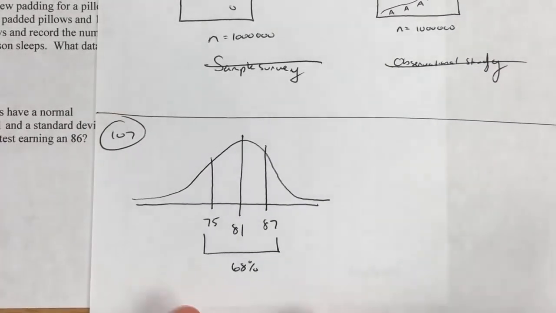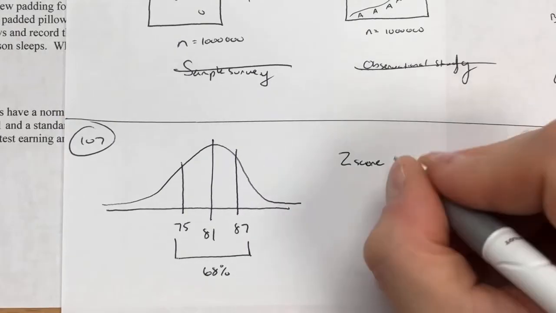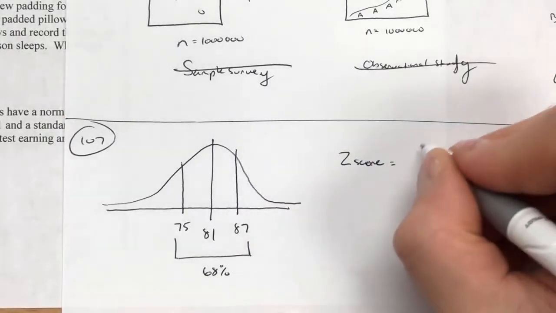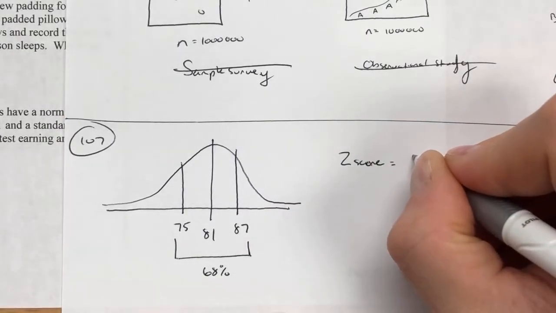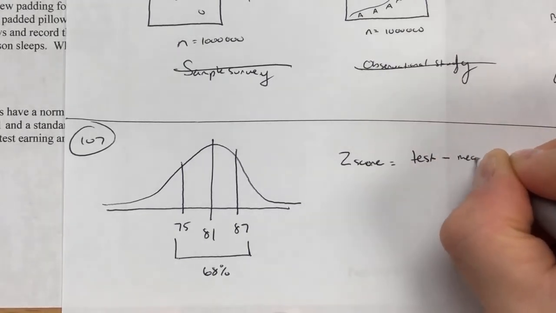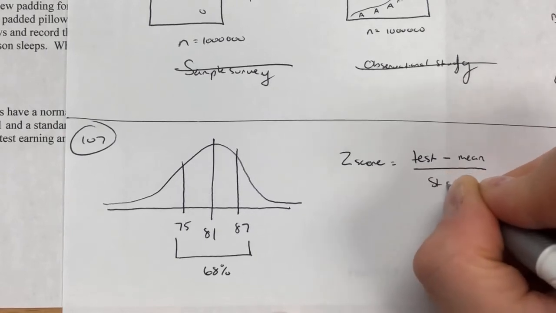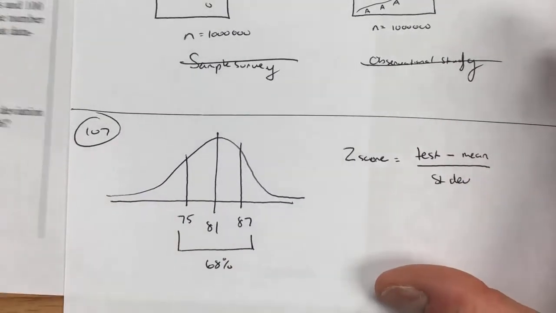Okay. Well, to calculate z-scores, if you can read my handwriting, is going to be whatever our data value is, so our test minus our mean over our standard deviation. Okay.